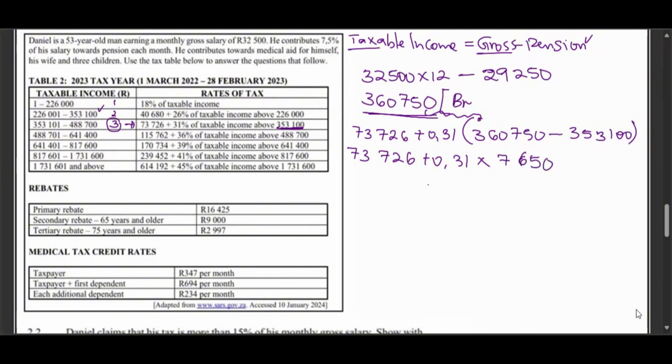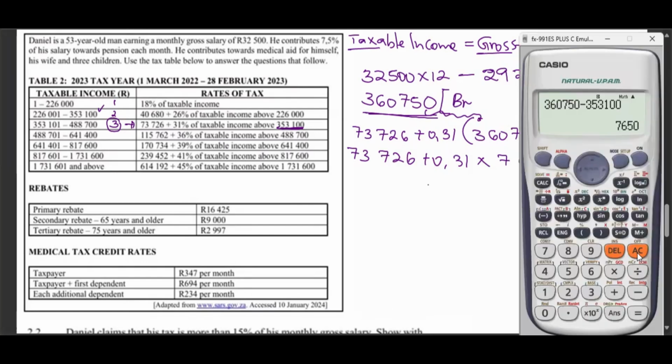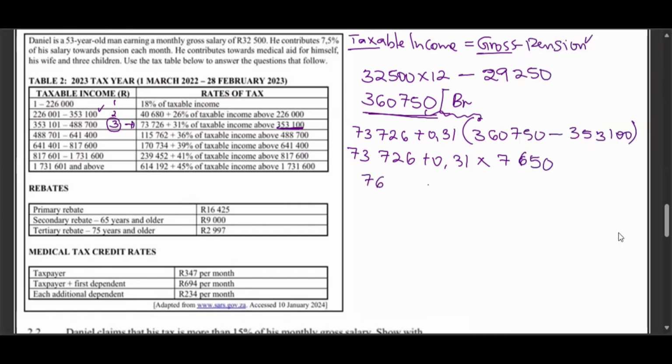Please, having done this, put it in a calculator the way you see it. So this becomes 73,726 plus 0.31 times the answer we just got, 7,650. What answer do we get? Okay, we have 76,097 rands 50 cents. So this is the annual tax before rebate.